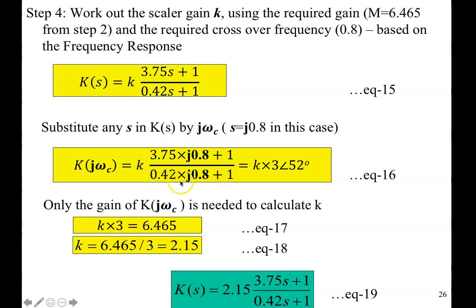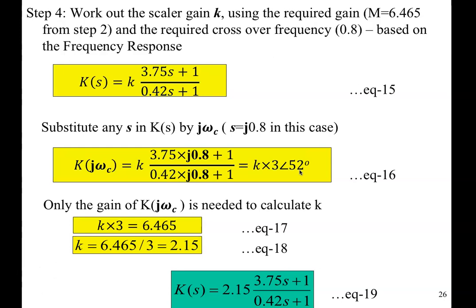Now if you look at this, it is a complex number. A complex number will have a magnitude and a phase angle. It just happens, after I've done my calculation, the magnitude of this part is 3, and the phase angle is 52, or 53, as I said.